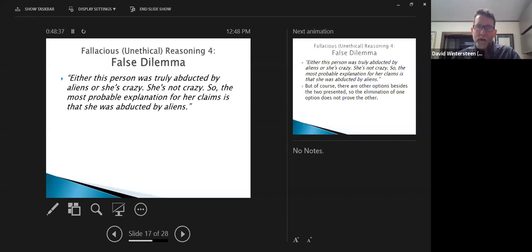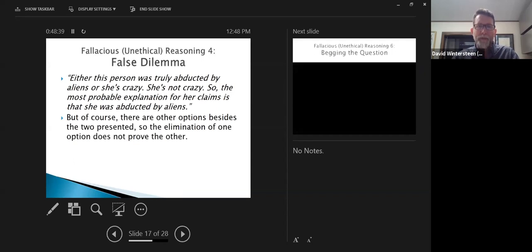But this is a false dilemma. There are other options. Why else might a person claim they were abducted by aliens? Maybe they're making a joke, telling a story, trying to be impressive. Who knows? They had a dream. They were drugged. As soon as you start breaking out of the false dilemma, you can find lots of other options.